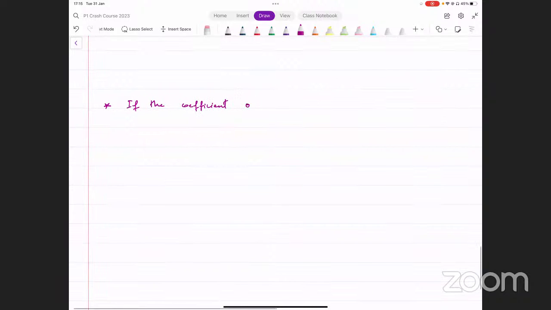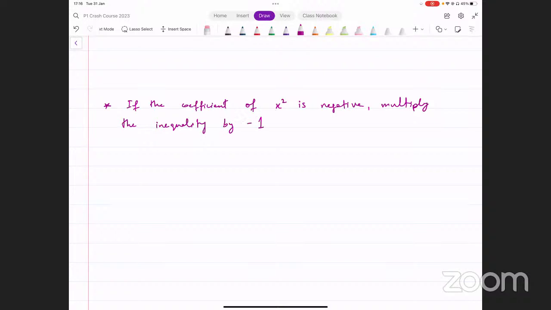If the coefficient of x squared is negative, first of all, what you do is you multiply the inequality by -1.